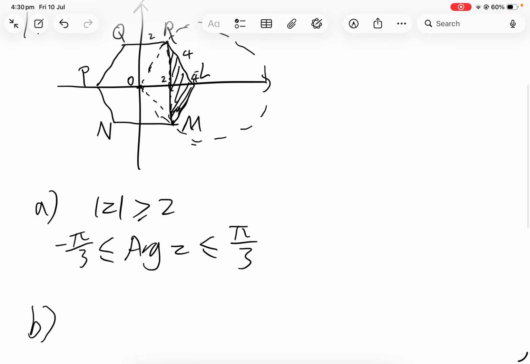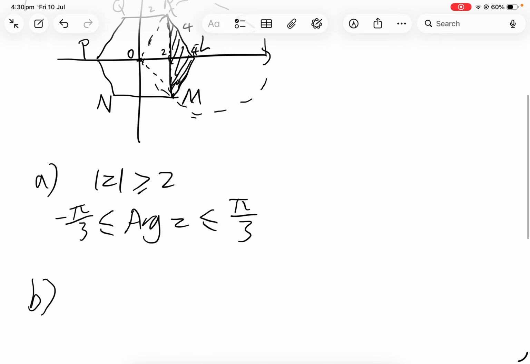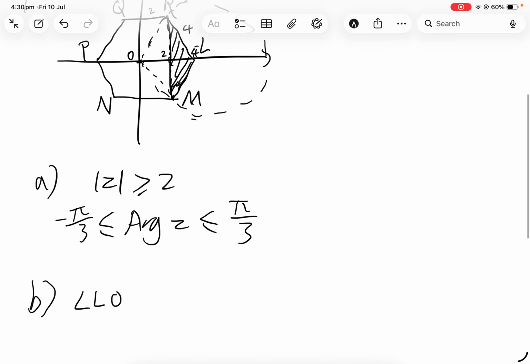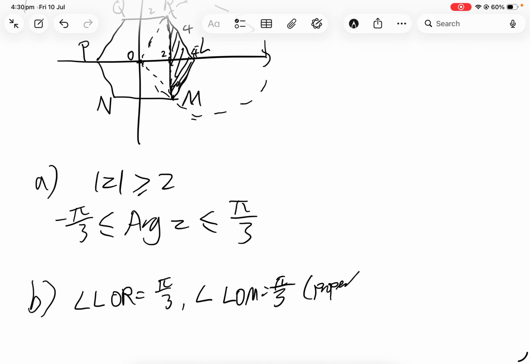So angle LOR equals pi on 3. Angle LOM equals pi on 3, by properties of a regular hexagon.